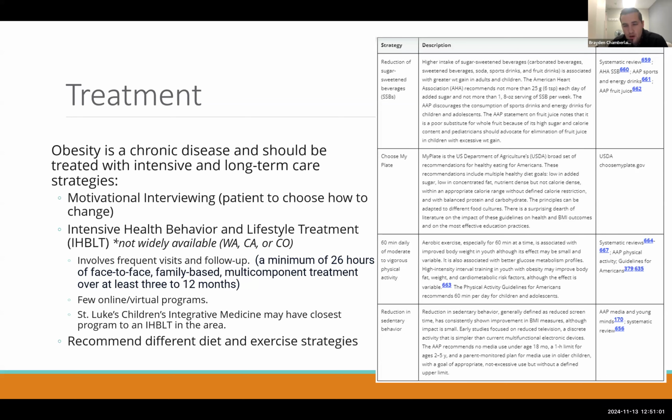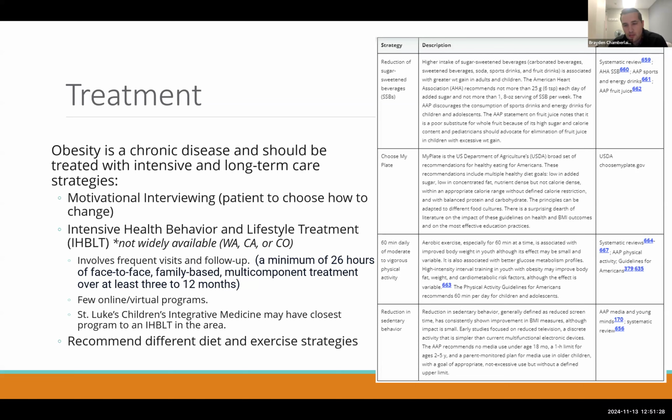On the flip side of that, they recommend a reduction in sedentary behavior. We mentioned how screen time has steadily increased for children throughout the years. They have seen good evidence that reducing screen time and increasing activity time does help with weight.